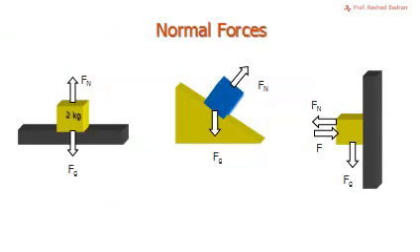These three diagrams show a normal force in different situations. The first diagram to the left shows a normal force acting from the black surface on the object of 2 kg upward.